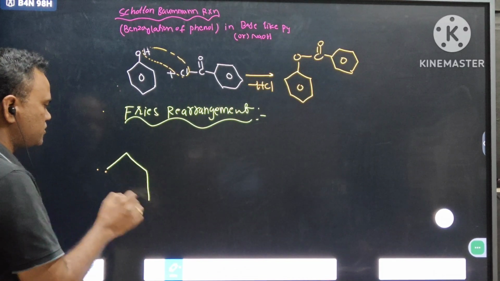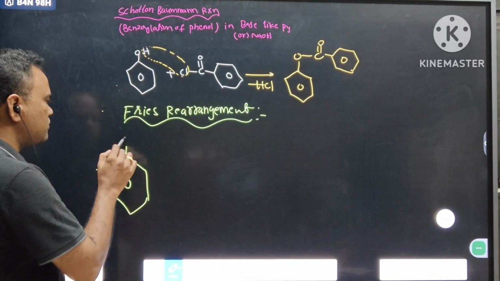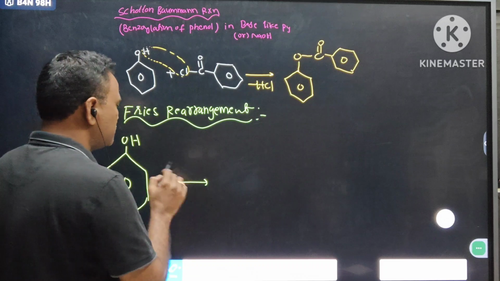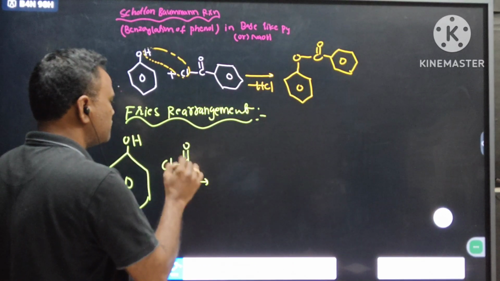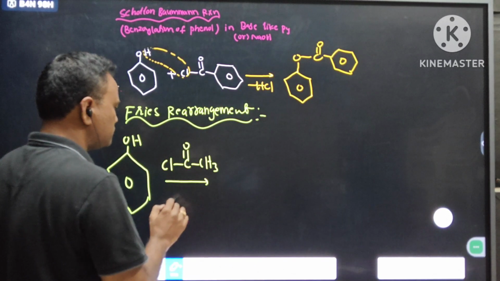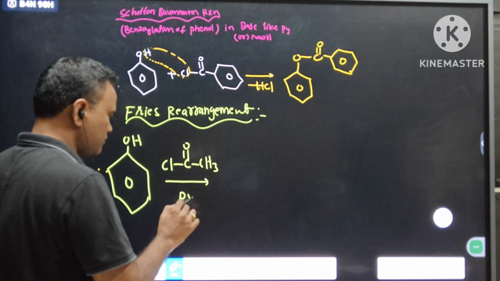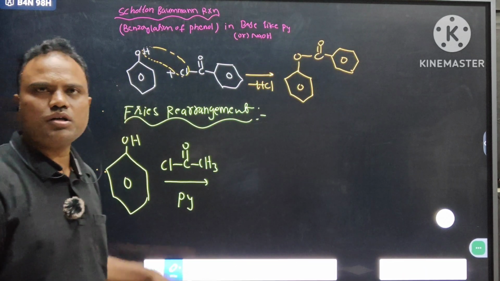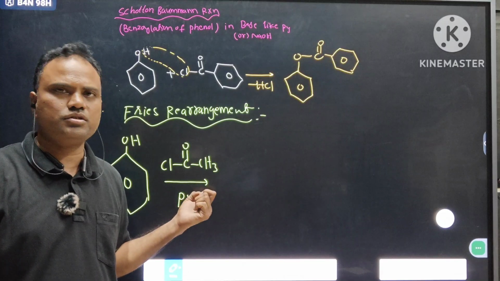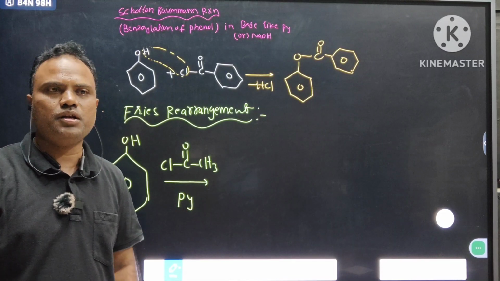With acetyl chloride, what is the product? CH3COO.